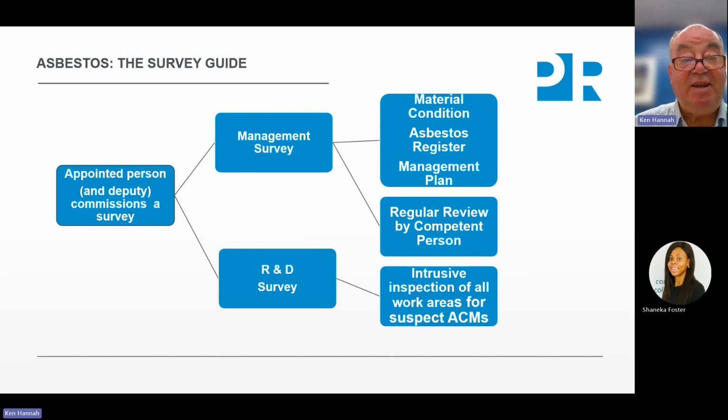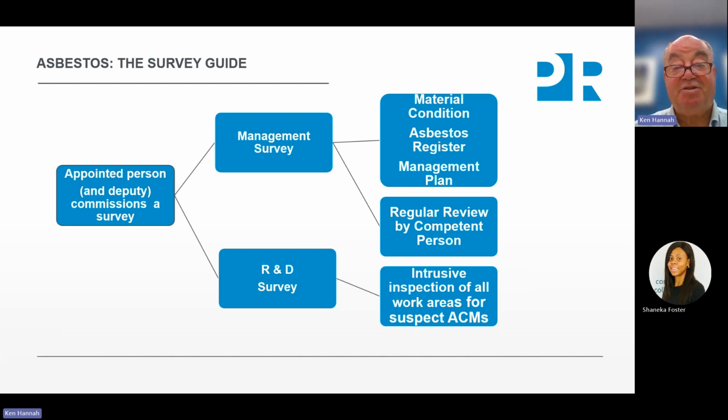So the survey guide: the appointed person commissions a survey. The first is a desktop survey, the management survey, and that goes into investigating what might be there. And then the R&D survey will be the intrusive survey as an inspection for all work areas, so the scope of works for suspect asbestos-containing materials.